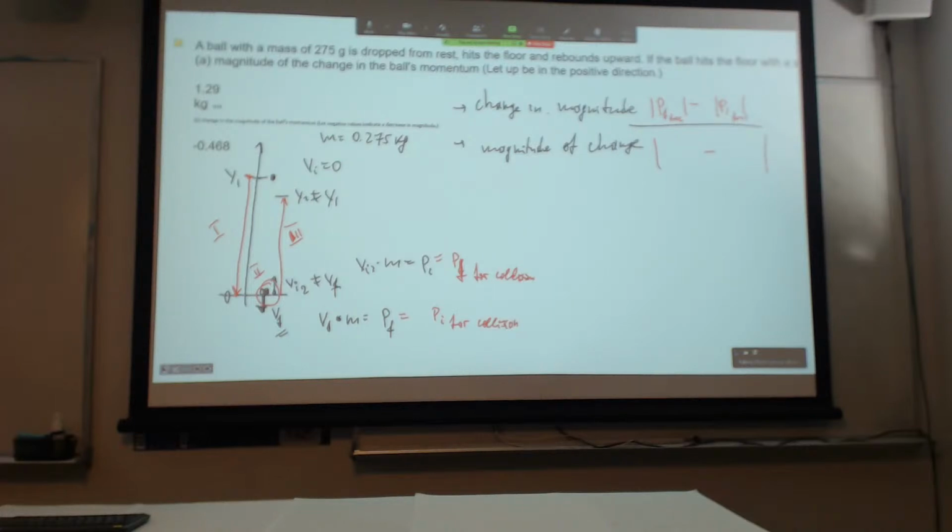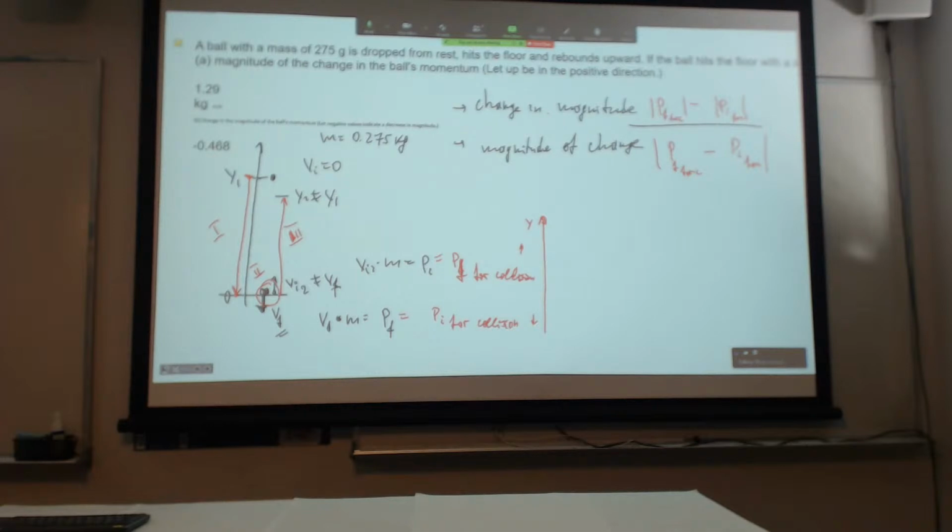Change is difference between final and initial. So that's going to be final for collision minus initial for collision. That's what you need to calculate. And of course, in this situation, we have to use components because this component will be positive and this component of momentum will be negative. That makes difference.